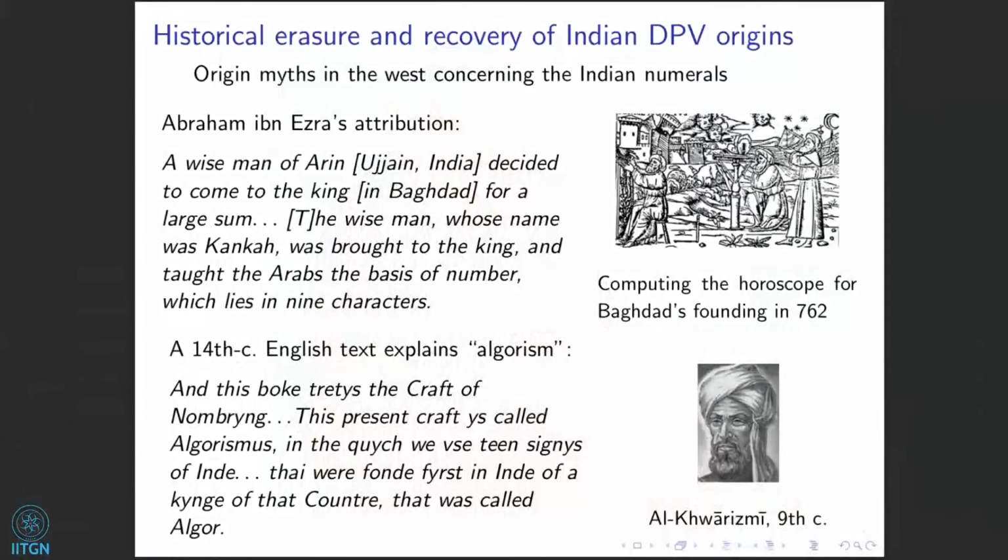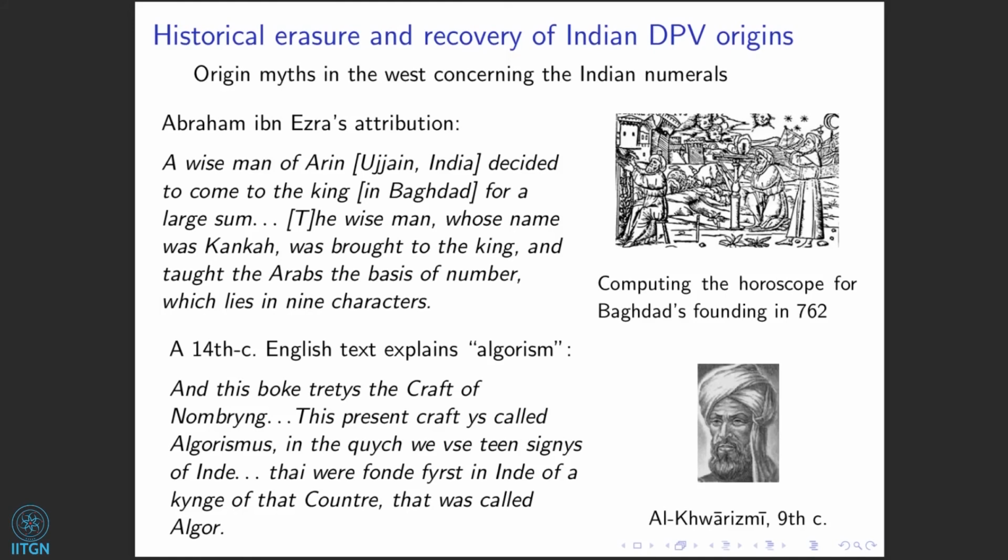More creatively still, we have a 14th century text in English, where the creativity extends to the spelling, which explains the word algorithm, which, as I noted, comes from the name of the Persian Muslim scientist Al-Khwarizmi, in which you use 10 signs of India that were found first in India by a king of that country, because, of course, whenever anything important is developed, it must be the king, right?